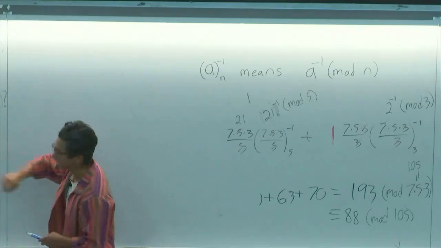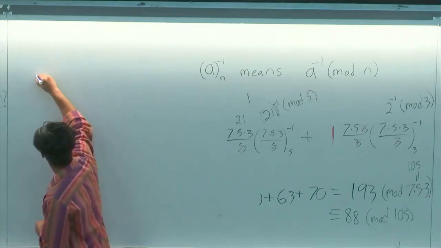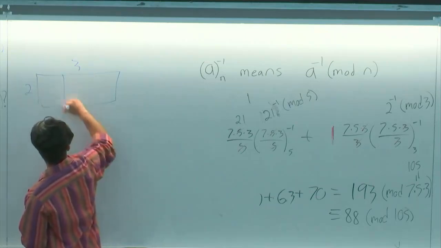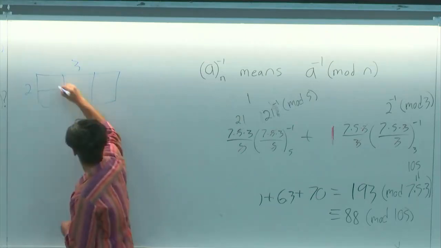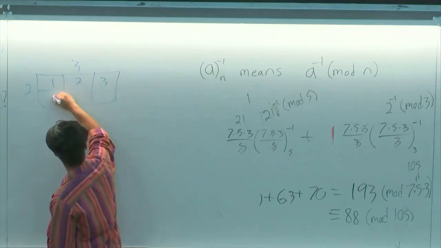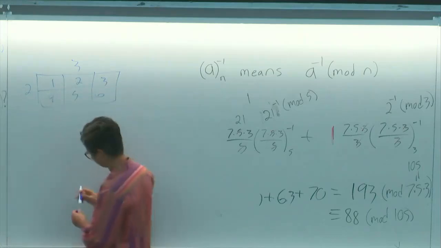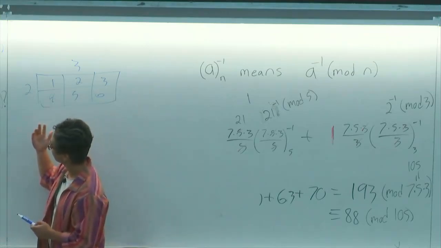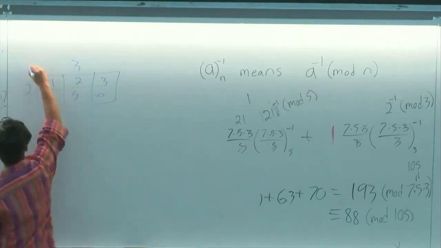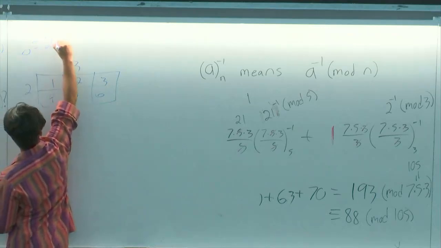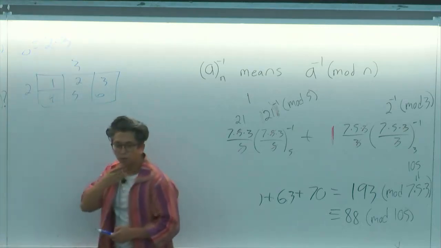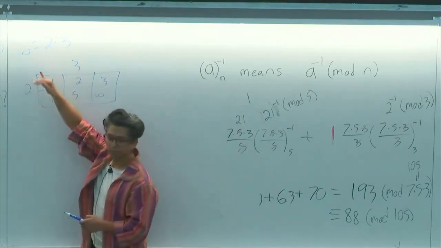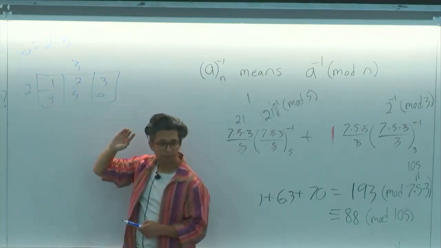So let's look at 6 again, a little bit more structured. Let's say we have a 2 by 3 grid, and here's 1, 2, 3, 4, 5, 6. Why do we have 2 by 3? Because 6 is equal to 2 times 3. So we know that anything that shares a factor with 6 is out of the question.